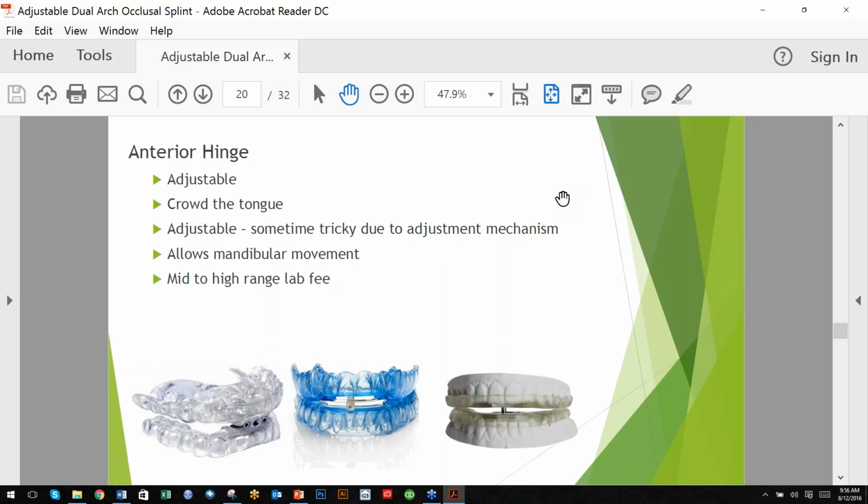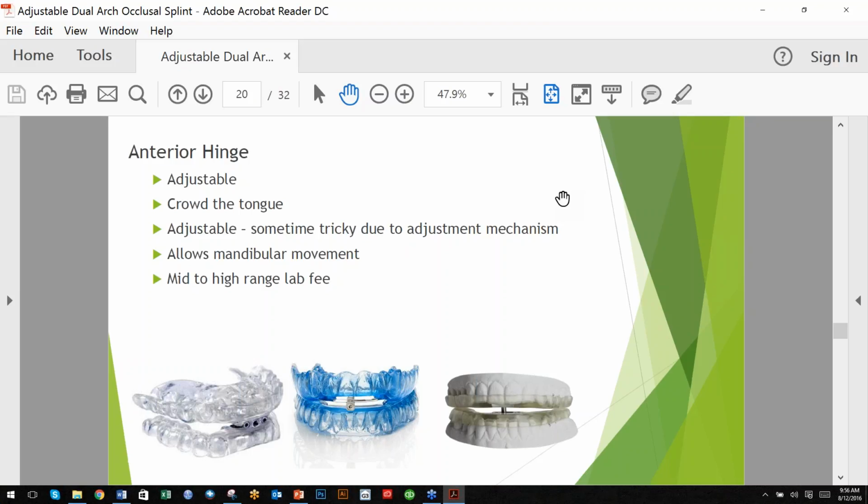You can see that there's a kind of a set screw in the front. And there's a little hook mechanism, and that hook mechanism pulls the mandible forward as you adjust the set screw. So that's the silencer. The TAP Elite 3 is probably the #1 anterior hinge out there.